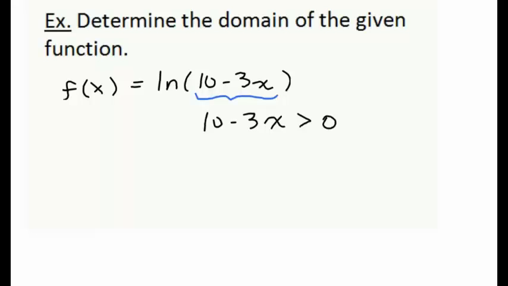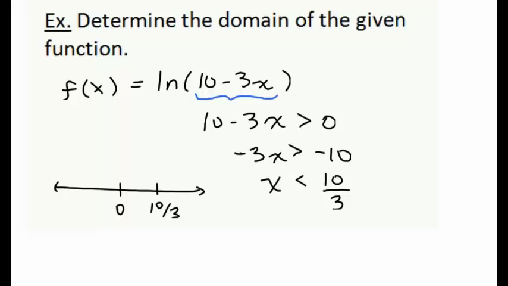Otherwise, we're going to get negative values inside of our ln function, and it's not going to be able to compute those negative values for real numbers. So first we could subtract 10 from both sides of our inequality. And then finally we could divide by negative 3. Remember that this division has the effect of flipping our inequality. And we get x must be less than 10 over 3.